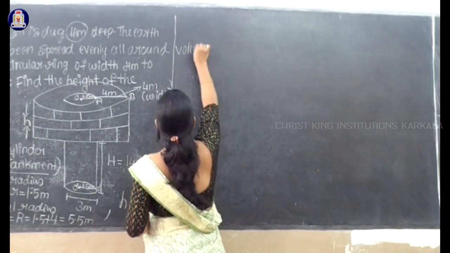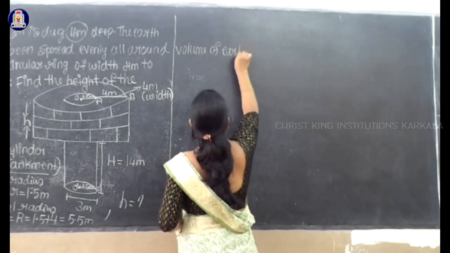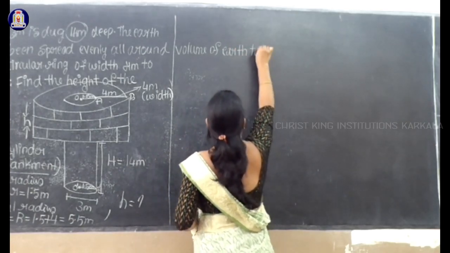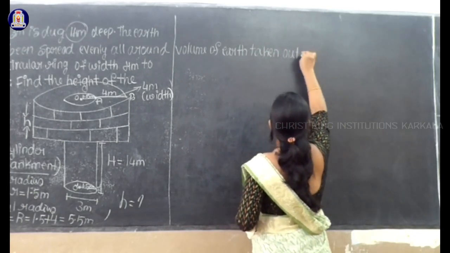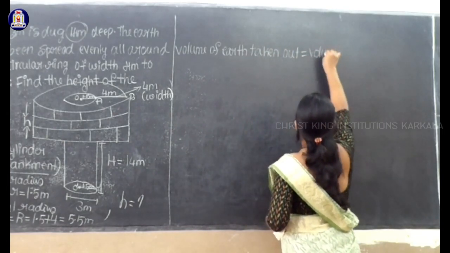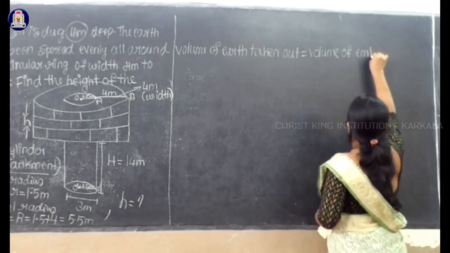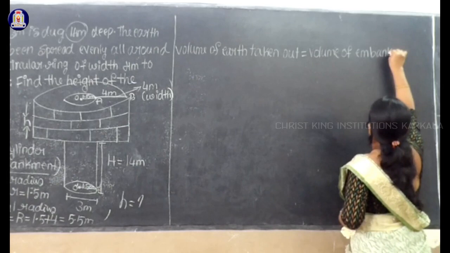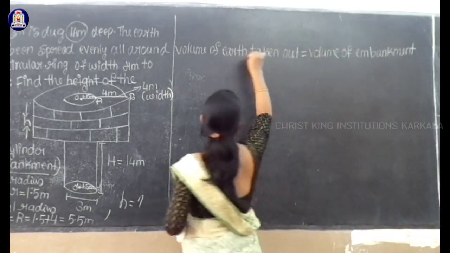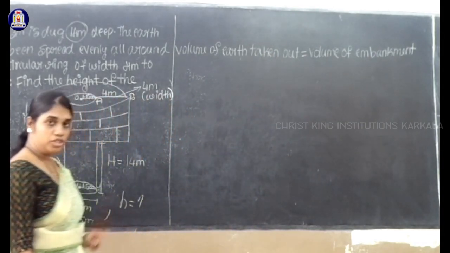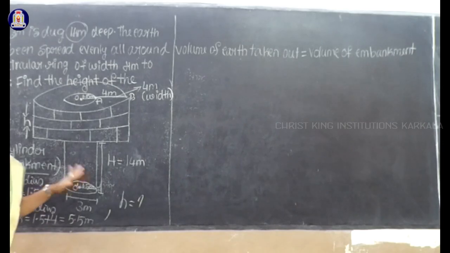Volume of earth taken out will be equal to volume of embankment. But here, the volume of earth taken out is from which one? From the well, isn't it? But the well is in which shape?